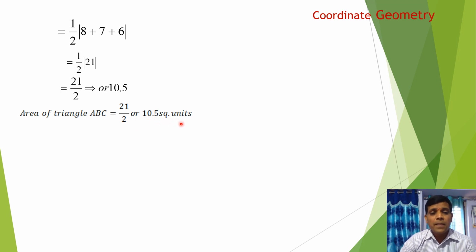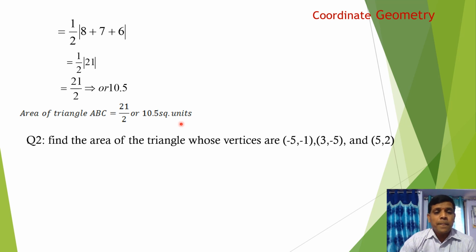Are you clear? So let us see one more question. Question number 2. Find the area of triangle whose vertices are (-5, -1), (3, -5) and (5, 2). So these three are the given vertices.